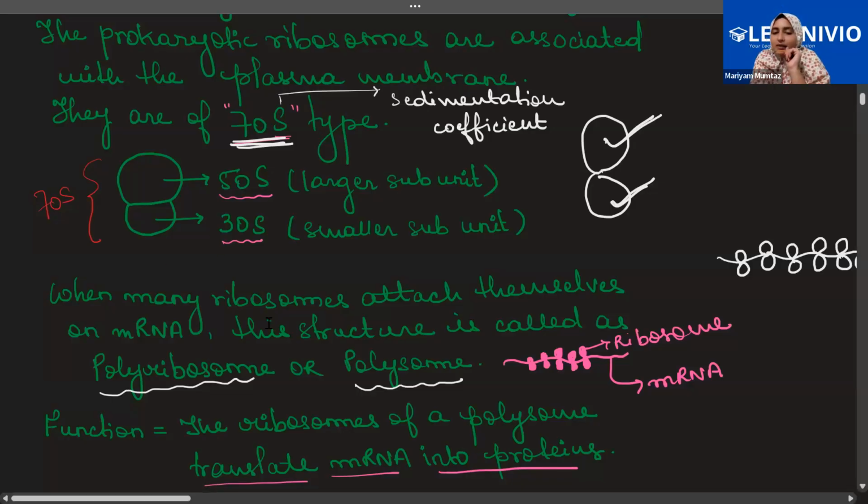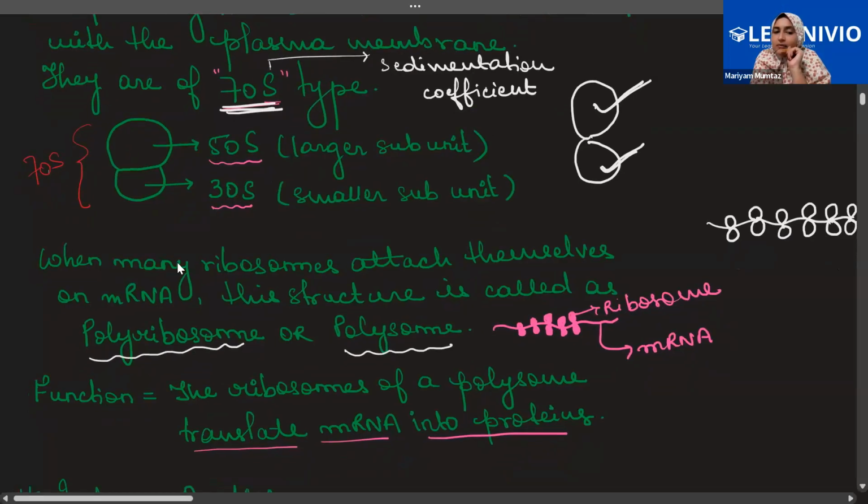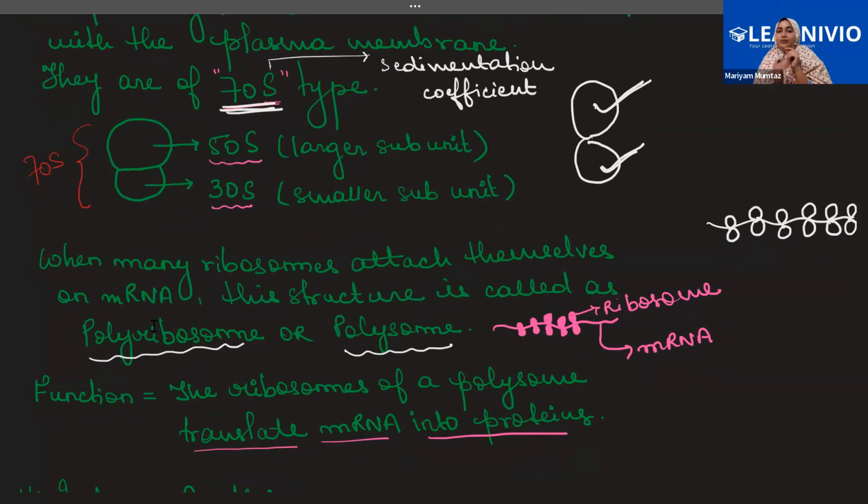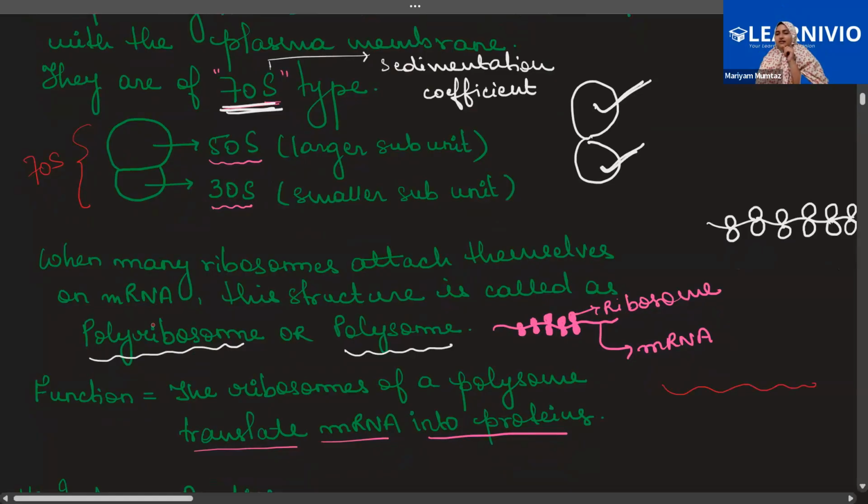Now, when many ribosomes attach themselves on mRNA, mRNA is a type of RNA. M stands for messenger, so mRNA is messenger RNA. It is a strand of RNA and many ribosomes come and attach onto it.